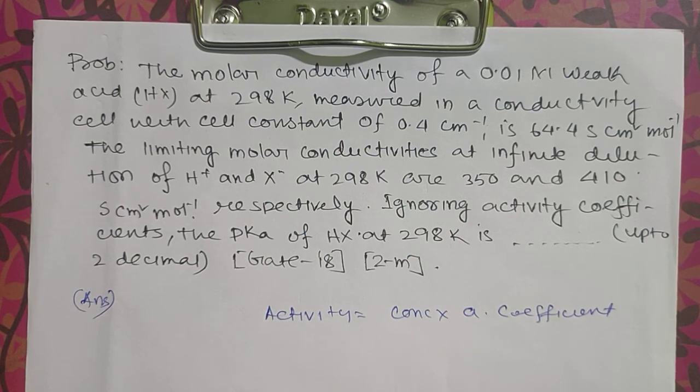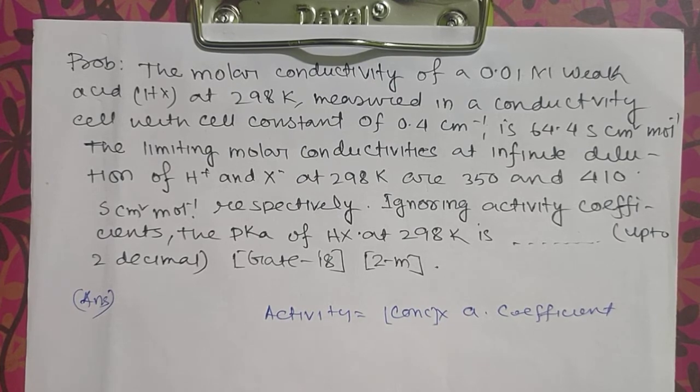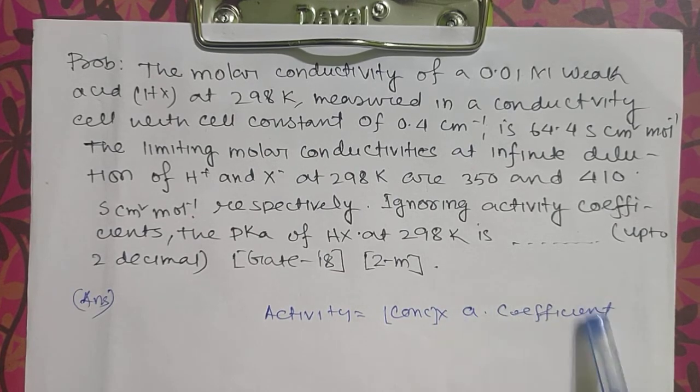As we know, activity equals concentration into activity coefficient. So for real systems or real molecules which we deal with in the laboratory or experiment, we actually have to calculate the activity of those molecules. Although in physical chemistry numericals we calculate the concentration, this is not the correct thing, because there is also a term, the activity coefficient.